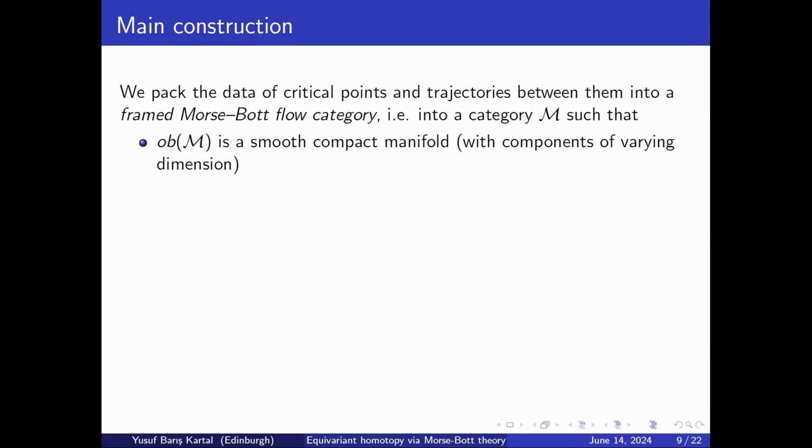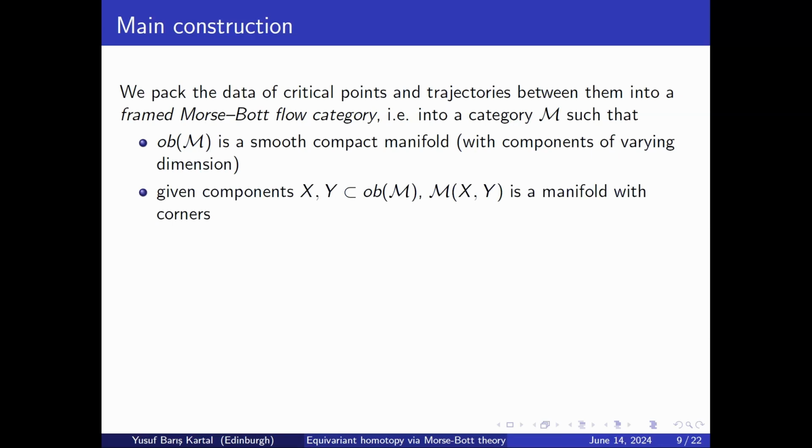In the Morse example, it's going to be the union of critical manifolds, so it may have components of varying dimension in particular. And if you have two components, X, Y, of the objects, then I'm going to write the set of morphisms from a point of X to a point of Y by M_XY. And this thing is a manifold with corners.